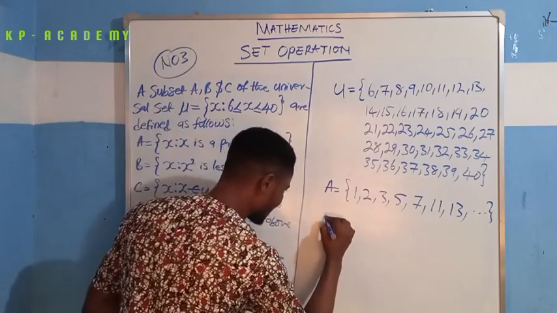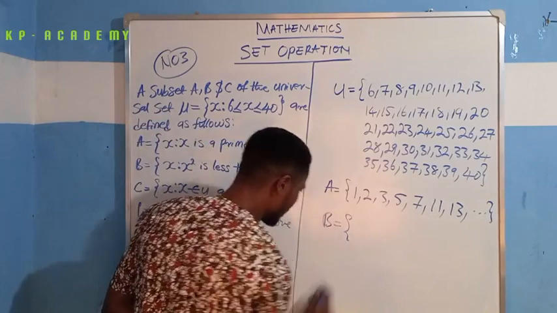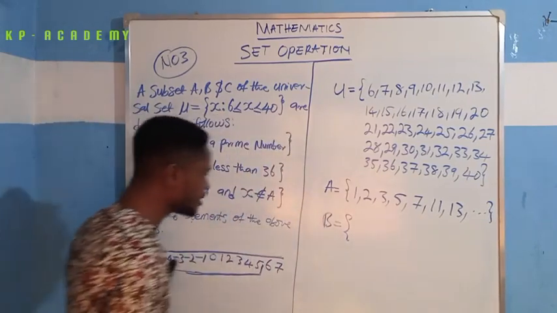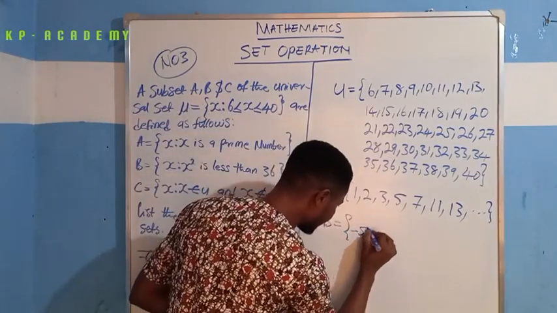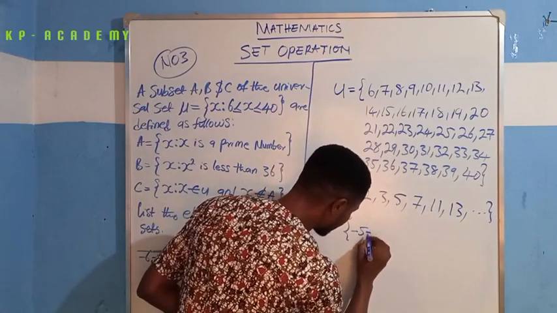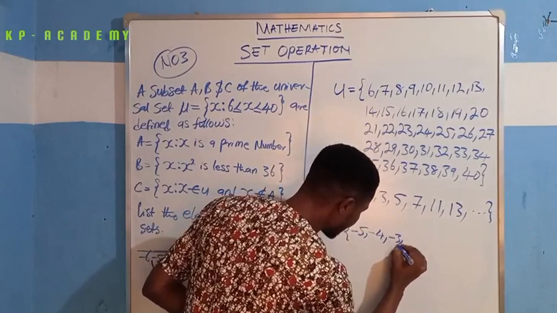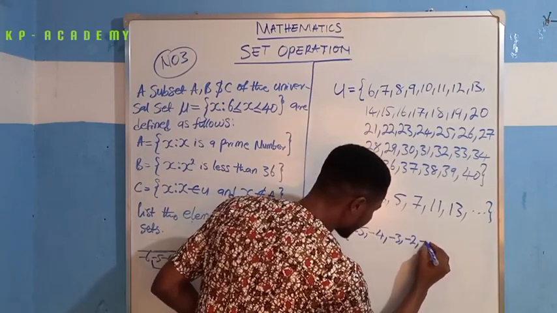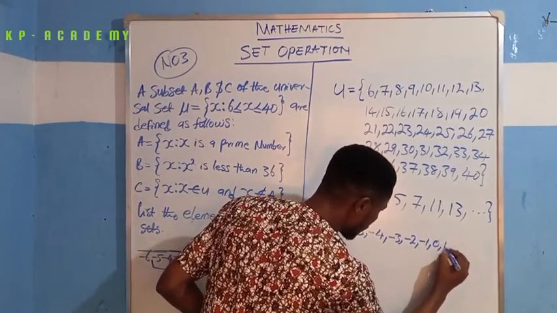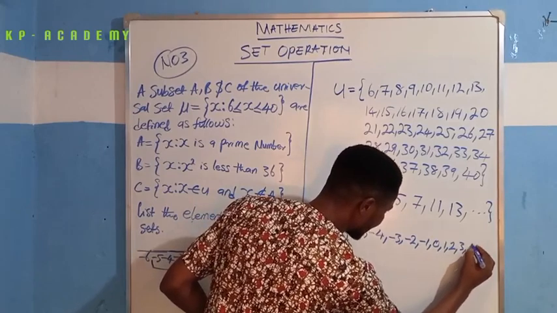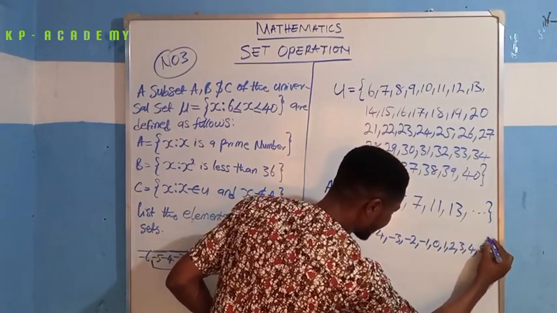I hope you understand this. Alright, so this set of numbers is actually numbers from minus 5, minus 4, minus 3, minus 2, minus 1, 0, 1, 2, 3, 4, 5.